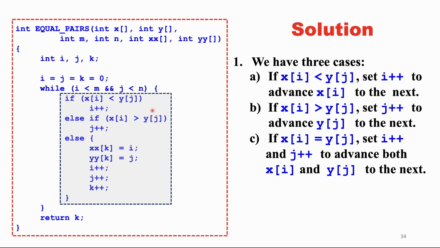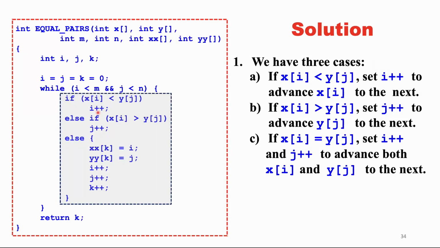Now let's put everything together. We still write the program as equal pairs. Set i, j, the two indices, to 0, and set k, the counter, to 0. As long as we have elements in x and elements in y to compare, we loop. If xi is less than yj, increase i.